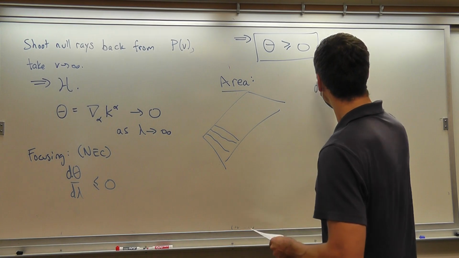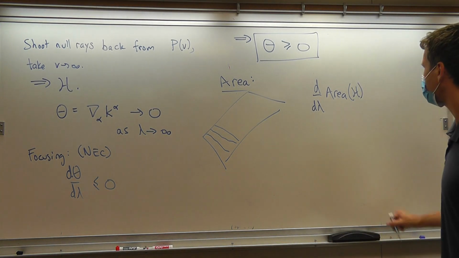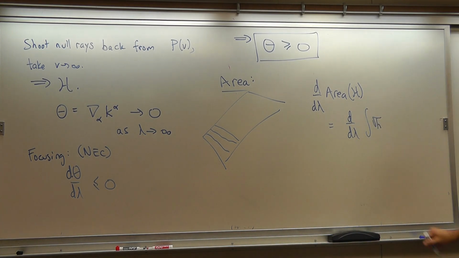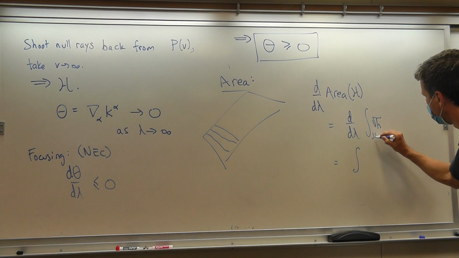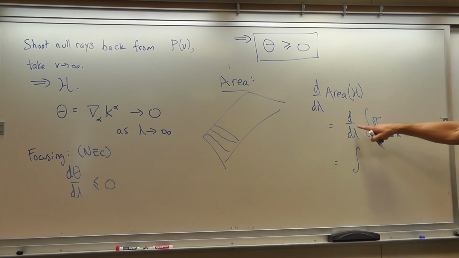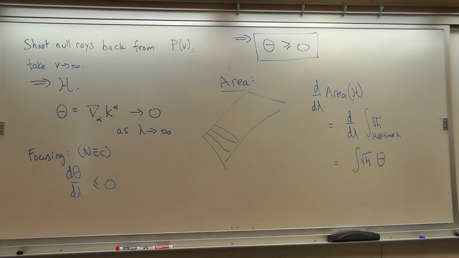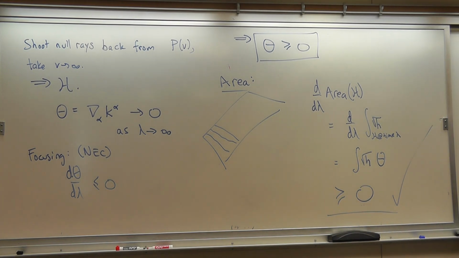So we just write d by d lambda of the area of the event horizon is d by d lambda of the integral of root h, an integral over the horizon at time lambda. We can bring this derivative inside and relate it to the expansion. So this is the integral of root h times the expansion, which is therefore non-negative. Therefore, the area of the event horizon can only increase.